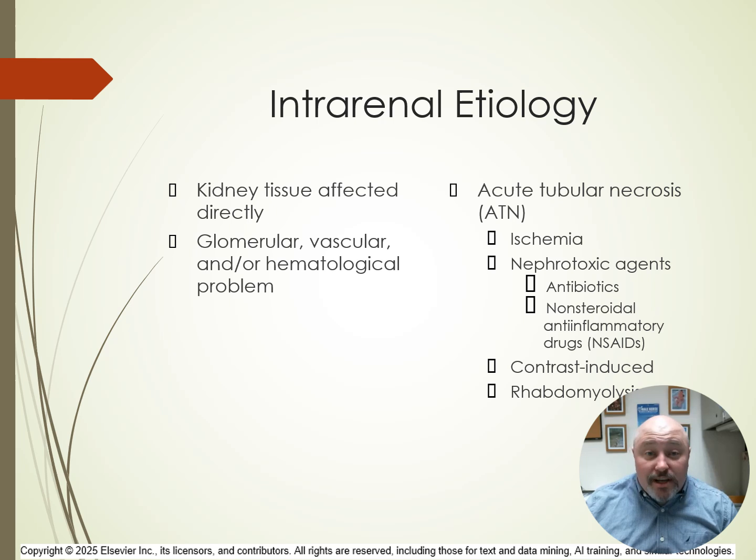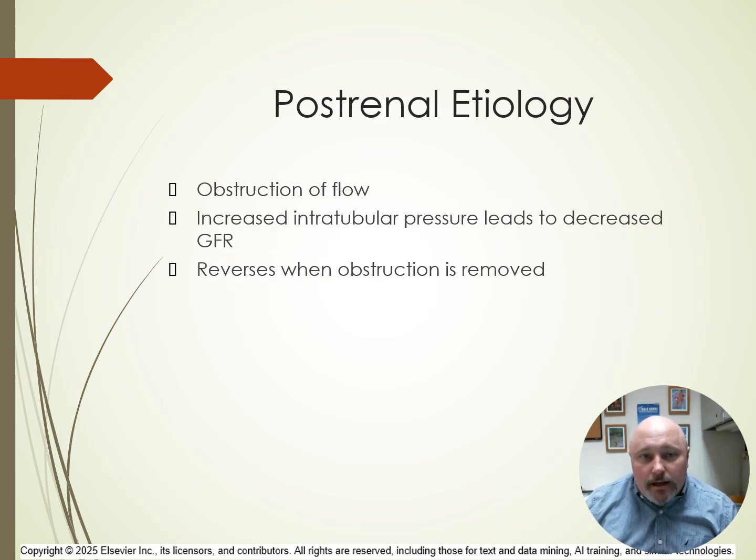Conditions that produce AKI by directly acting on functioning kidney tissue, either the glomerulus or the renal tubules, are classified as intrarenal. The most common intrarenal condition is acute tubular necrosis. Acute kidney injury resulting from an obstruction of the flow of urine is classified as postrenal or obstructive renal injury.